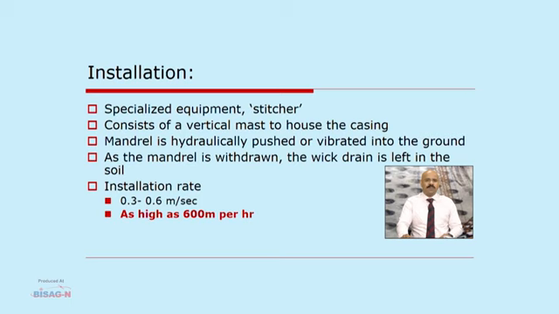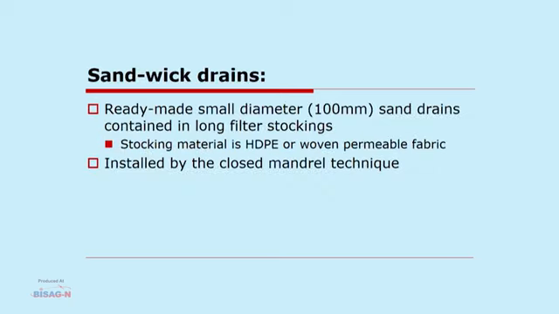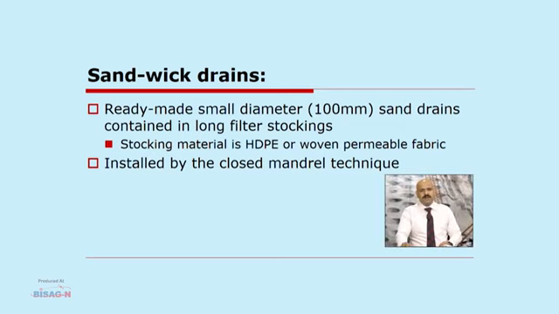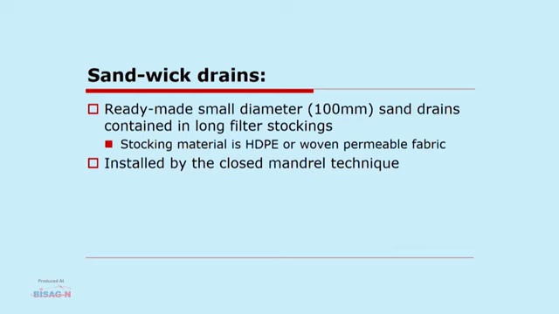Installation rate is 0.3 to 0.6 meter per second, as high as 600 meter per hour. Sand wick drains: ready-made small diameter 100 mm sand drains contained in long filter stockings. Stocking material is high density polyethylene or woven permeable fabric, installed by the closed mandrel technique.